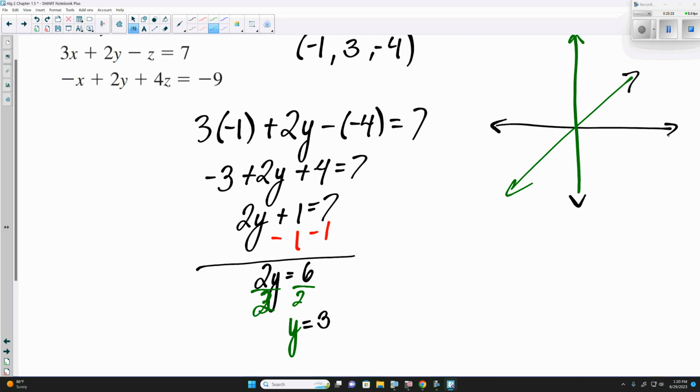So on a Cartesian plane, we can say this is z, -4, -1, 3, to be some point out there, kind of.